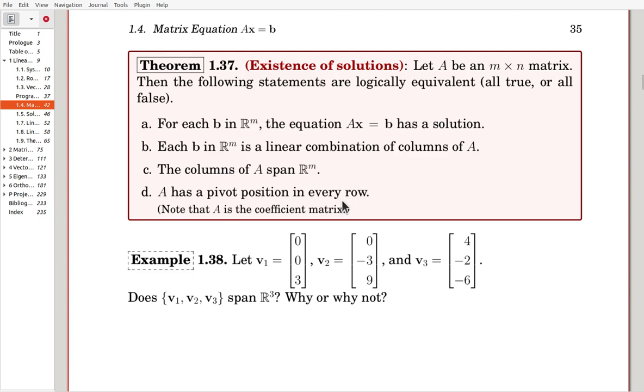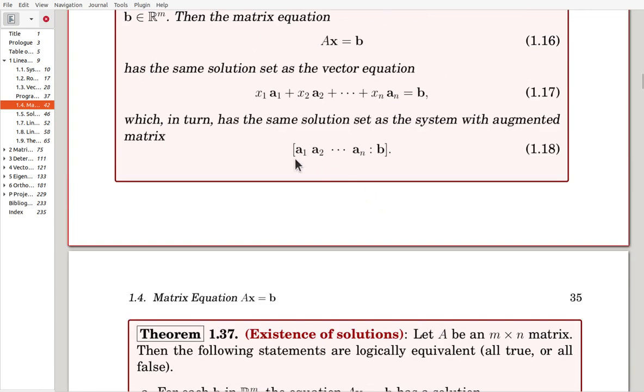If A has a pivot position in every row, then for any choice of right-hand side B, the augmented matrix can be solved, right? The only inconsistent case is when, in at least one row, everything on the left is 0 and the right side is non-zero.